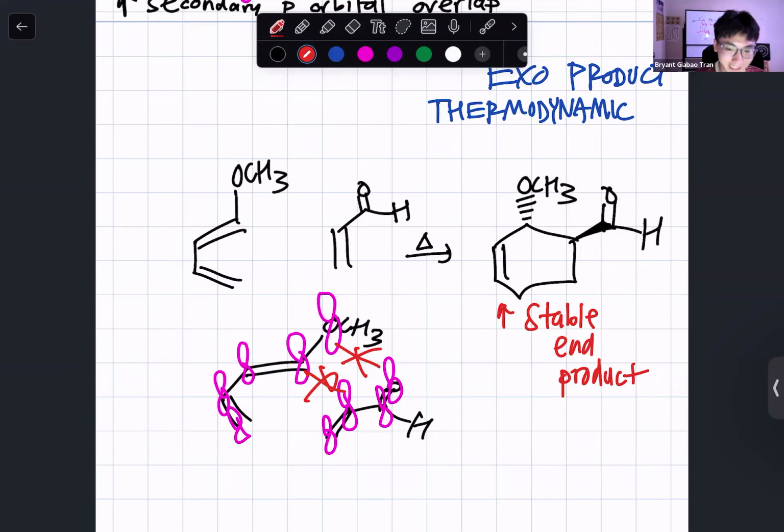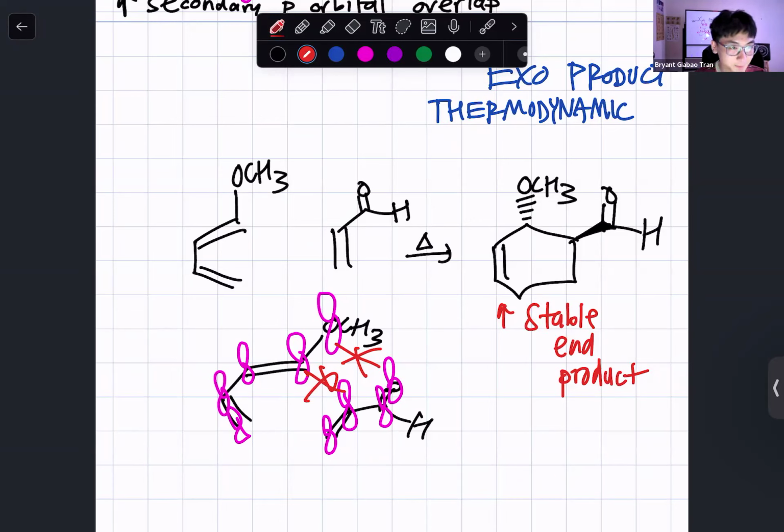You are more stable, you are more happy. But that requires more energy, more time to get to the thermodynamic product, to get to the more stable product, but it comes from the less stable intermediate. You are not stable in the process.